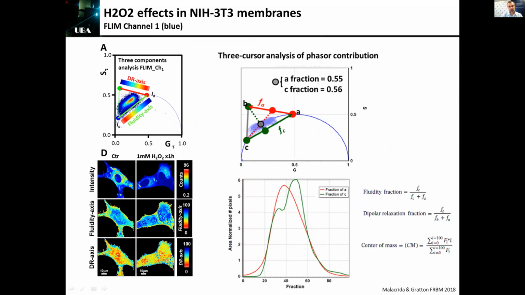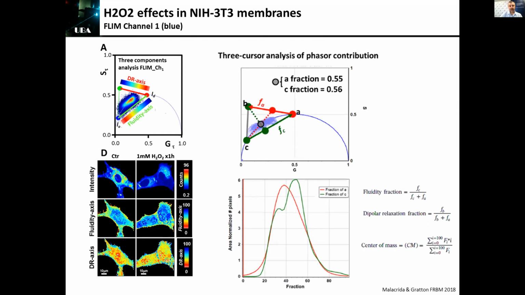We will have three variables. We will have one set of data, which is FLIM, and the other will be spectrum. The FLIM we split in two channels. Channel 1, which I call blue, is in the range more or less centered at 440.